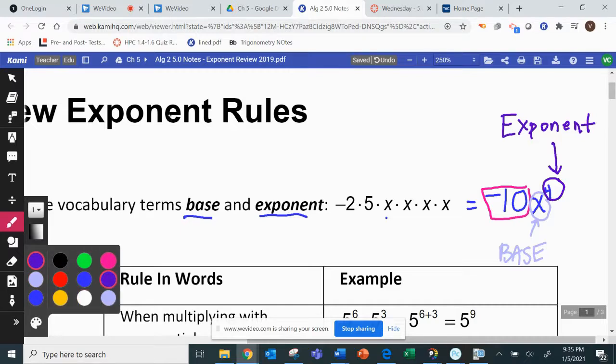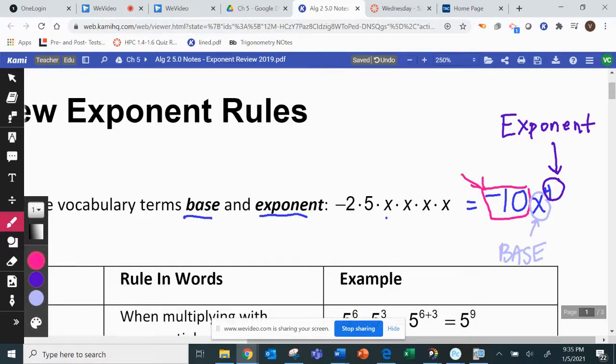So the -10 is just a coefficient. Number in front. The base has the exponent on it. The exponent is on the base. Those go together. This 10 is multiplied in front. It's separate.